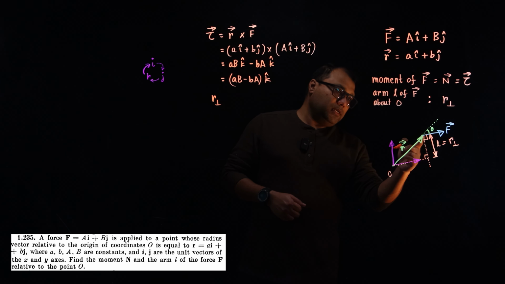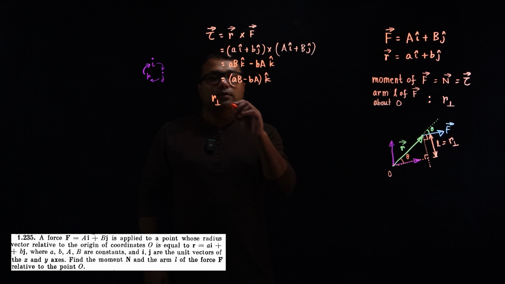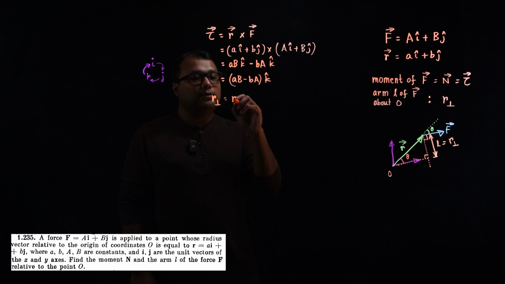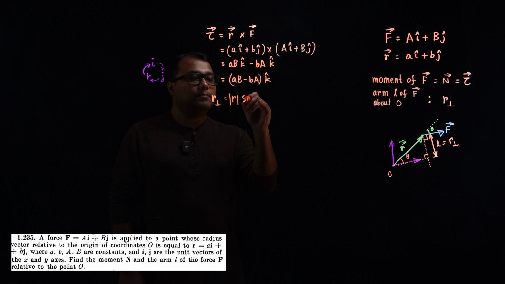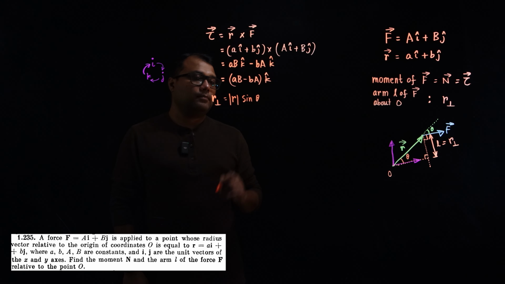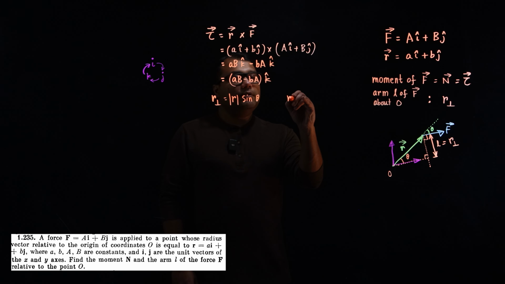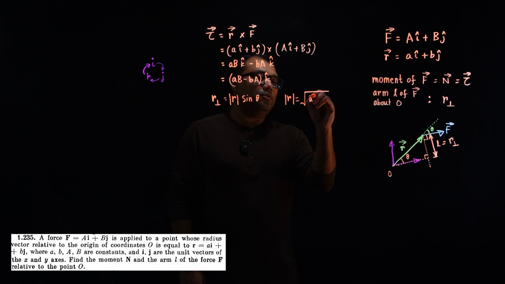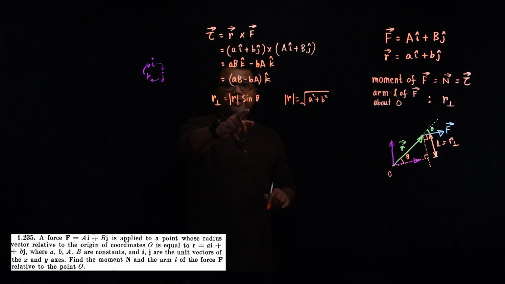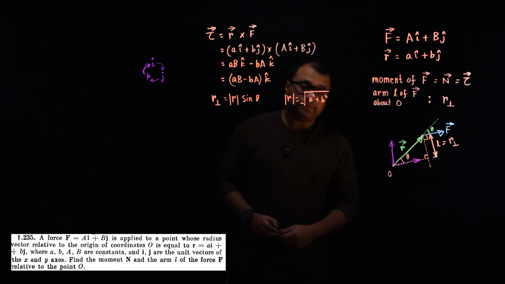Now what is R perpendicular? This angle is theta, so R perpendicular is the mod of r times sine theta. Now mod of r we can find out. Mod r will be root over small a square plus b square. This is easy. But how do we find out sine theta? So this is what I will do.